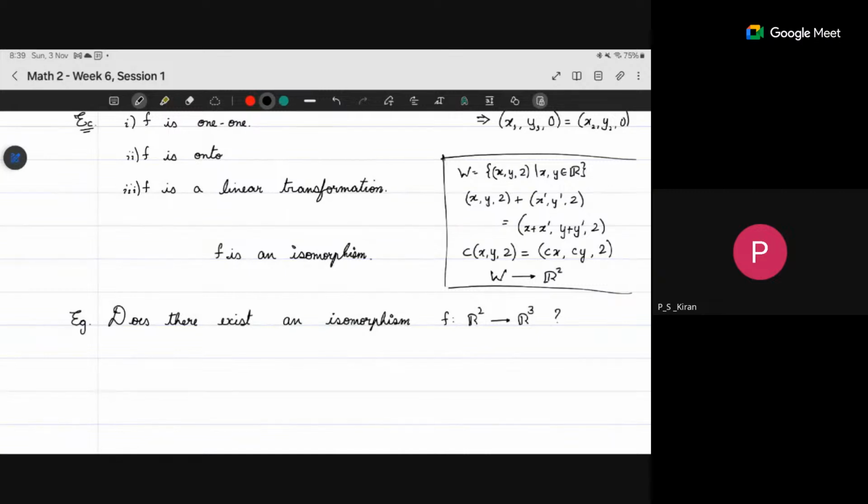Your vector space could be a set of matrices, or the solution space of homogeneous equations, or polynomials of some degree, or whatever examples we have come up with and seen, or even examples that we have not seen. It does not matter what the vector spaces are. As long as you're given two vector spaces and a map between them which satisfies certain properties, then it is called an isomorphism. Is that clear?